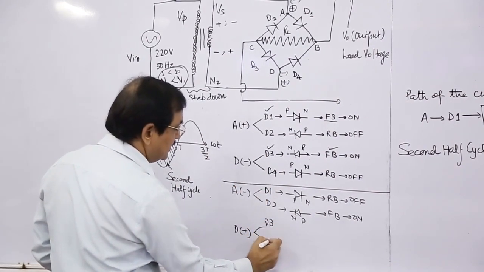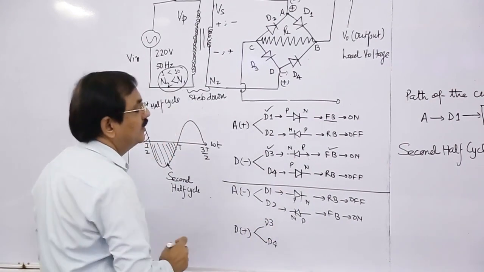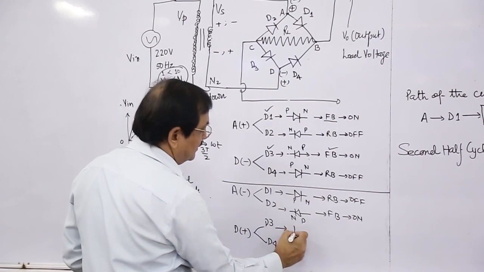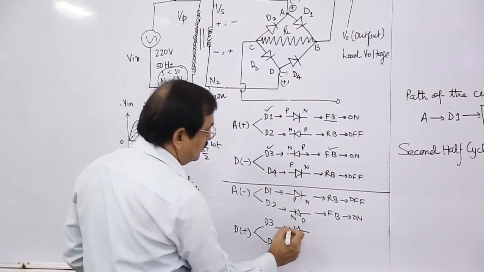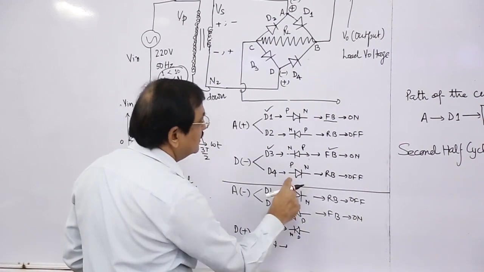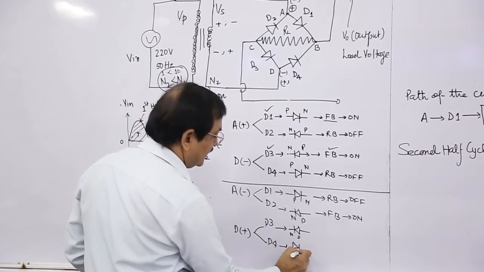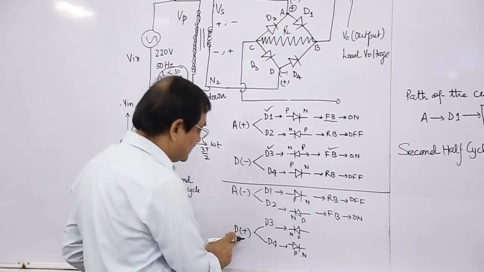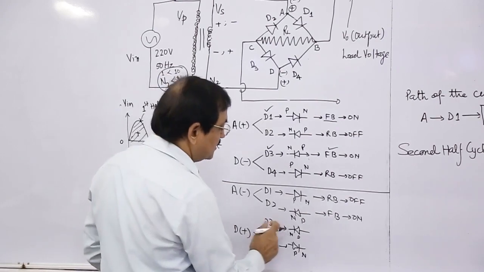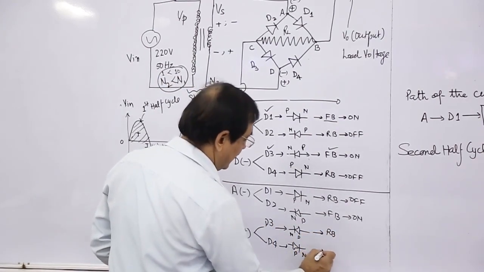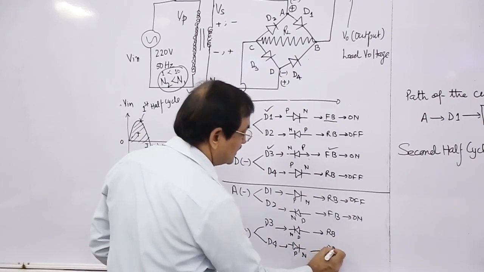D3 is connected with this kind of diode, N and P, and this is connected with P and N. So D is positive, therefore D3 is reverse bias and D4 is forward bias.